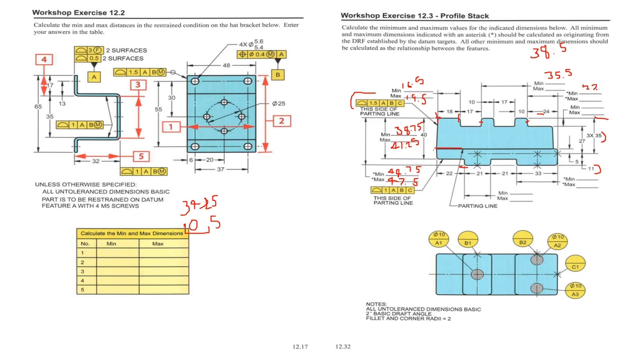And we will subtract this 0.5 from this value also. So it's 22.75. And for the maximum, 24 plus this 0.75 plus this 0.5 for the bottom side, this profile tolerance for the maximum value. When we add all these values, 24 plus 0.75 plus 0.5, we get 25.25. Yep, it's 25.25.